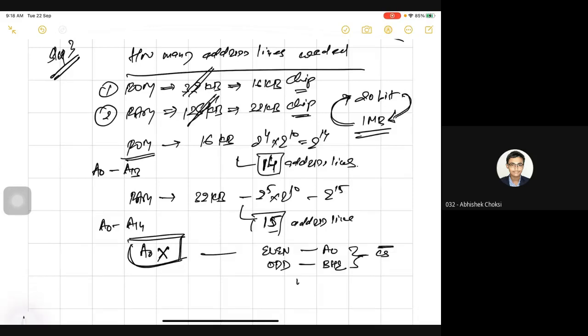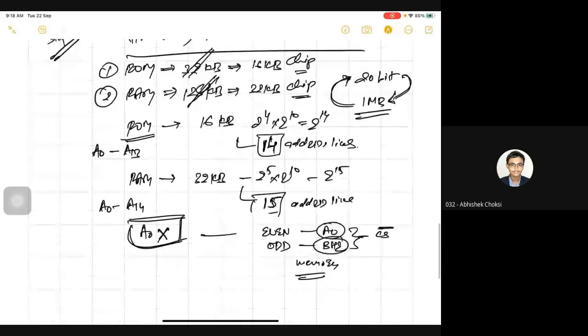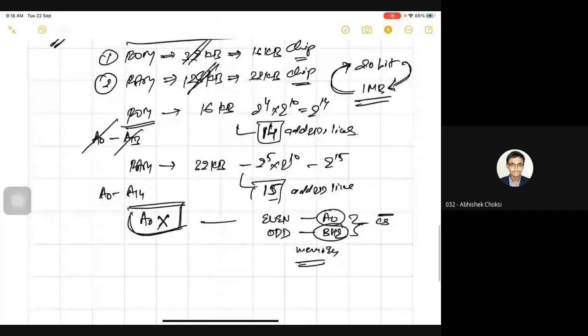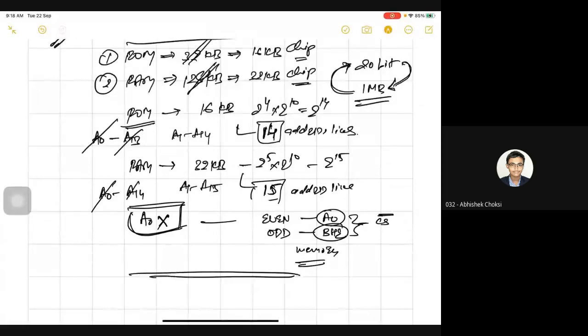We can't use A0, as it is used by default for memory chip select signals. So 14 lines from A0 will not be correct. You need to use A1 to A14, and here you need to use A1 to A15. This much step is clear?